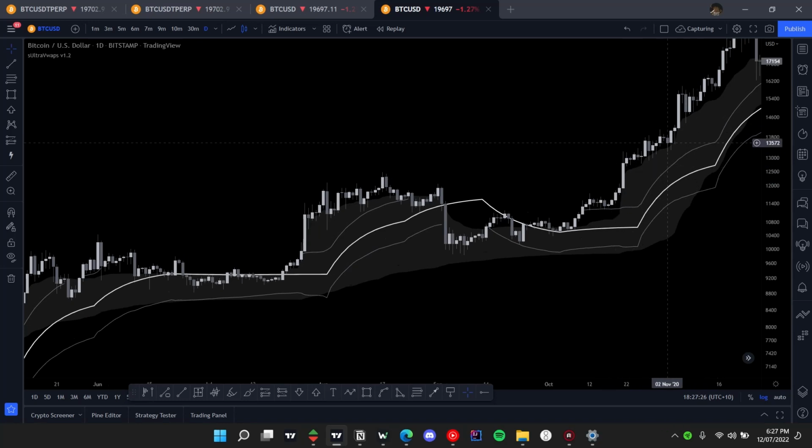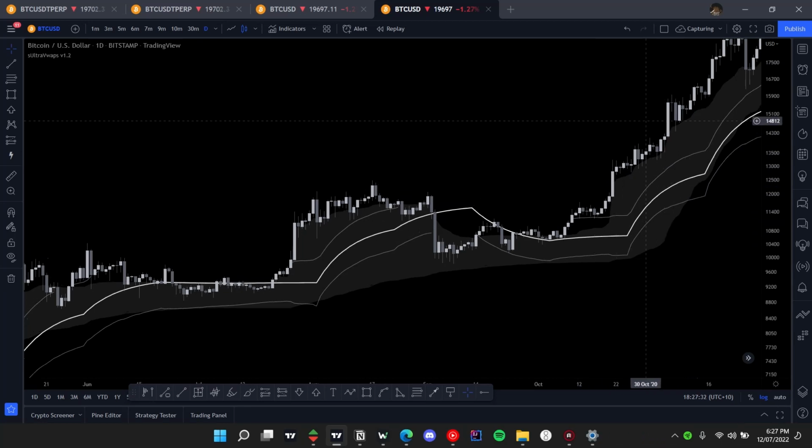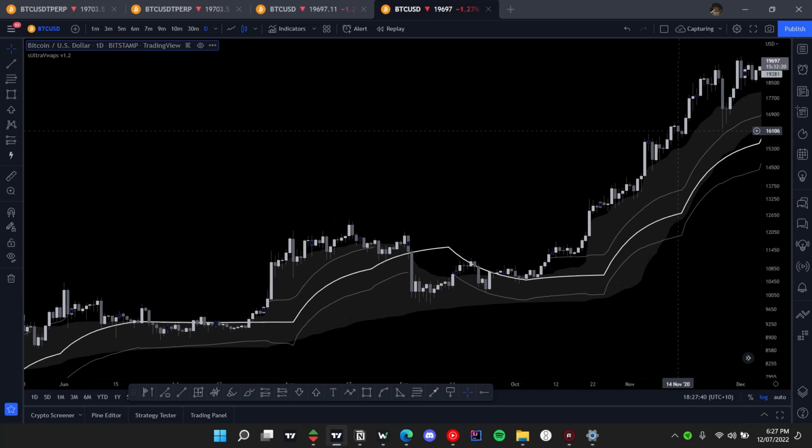If you look here, price hasn't been retesting this level, which means we're in a strong uptrend. So price comes up, we are getting a retest from the moving VWAP cloud, and it comes up.